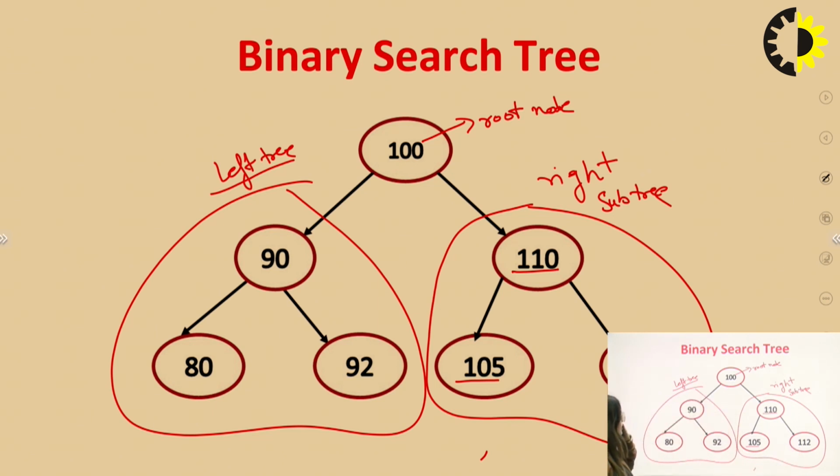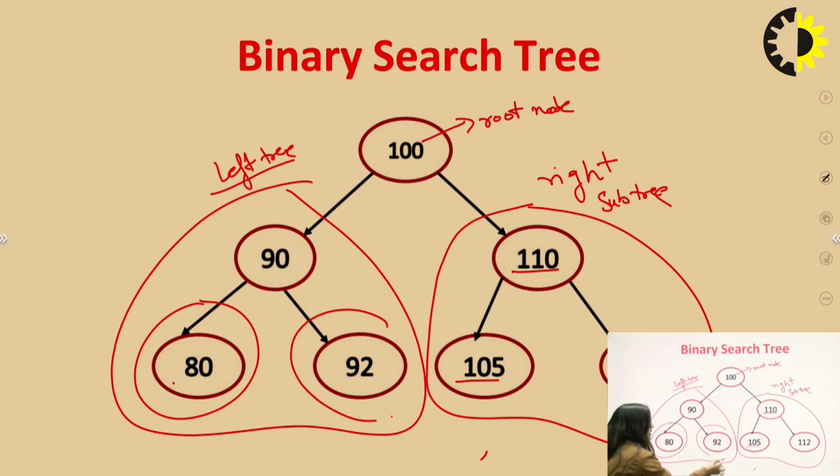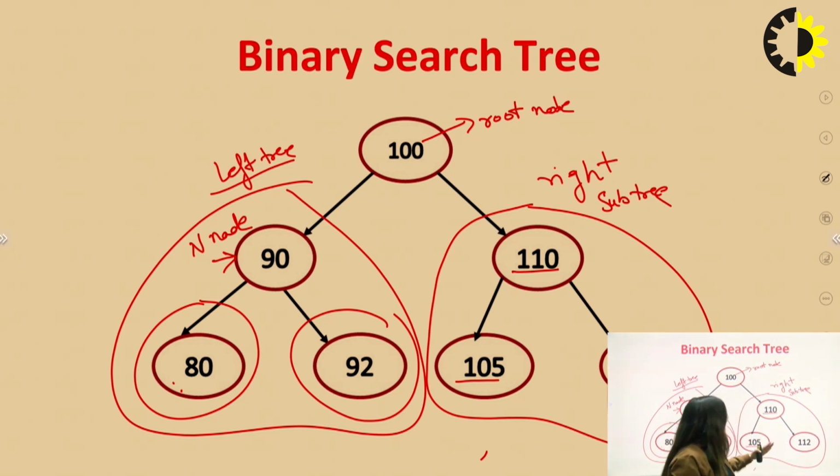Now if we further divide this BST, it is again called a BST. This one is the left subtree and this one is the right subtree for this node n. It is less than the root node, yes, and it is greater than the root node. Further here, this is also called a BST part, and again it has a left subtree and a right subtree.